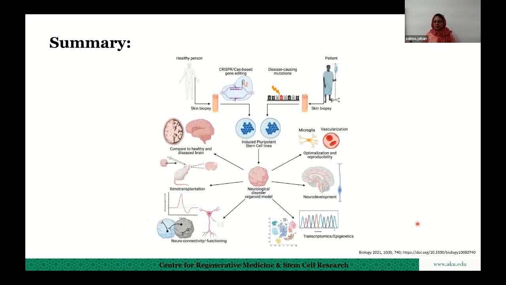So I'm going to summarize my talk. As I said, these are the organoids. We are interested in neurological disorders and neurodevelopmental disorders. They come from pluripotent stem cells, and you see all these directions which I have talked about. You can utilize these organoid model systems for gene editing and disease modeling, and also assembloid functioning.